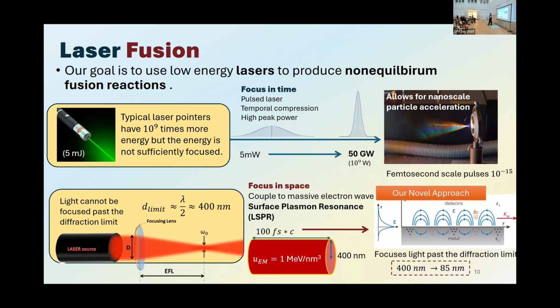This massive electron wave is referred to as a surface plasmon resonance, or in our case, a localized surface plasmon resonance, where it's actually the laser field coupling to the electrons in the conductor and creating a combined oscillatory wave across the surface. So this allows us to focus the light even further, from 400 nanometers down to only 85 nanometers.